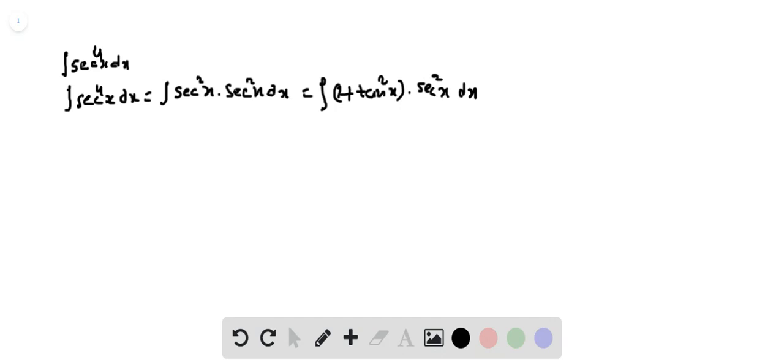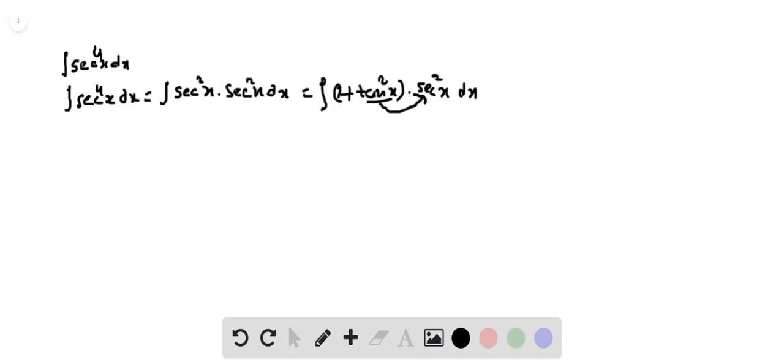Here we know that the derivative of tan x is secant square x. So we evaluate this integral by using u substitution method.